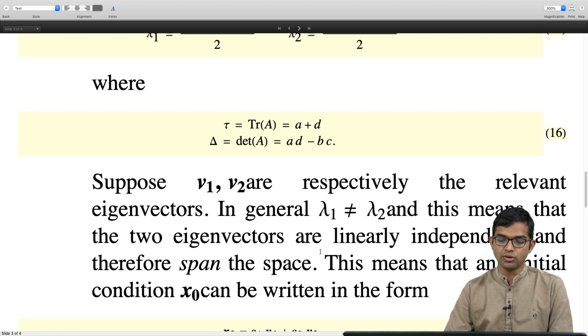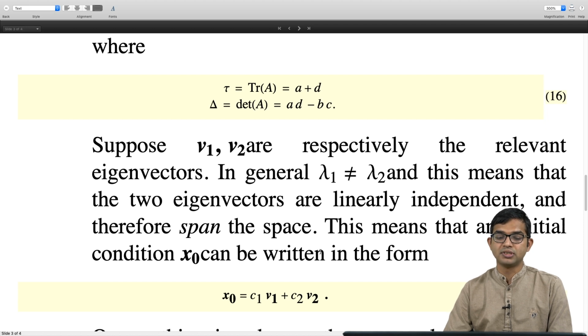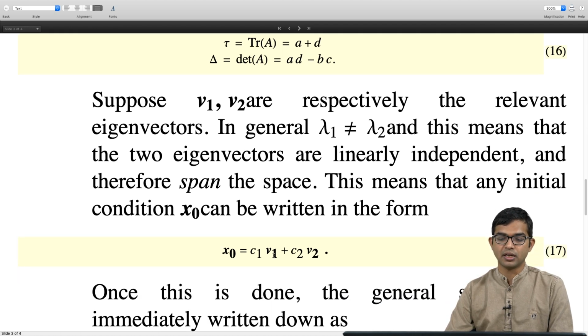But let's not go into that discussion here. Suppose lambda 1 is not equal to lambda 2, then these two eigenvectors are linearly independent and therefore they span the space. Then it's possible to expand your initial conditions x naught as a linear combination of these independent eigenvectors v1 and v2.